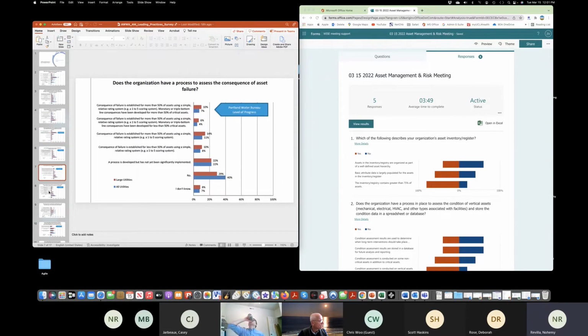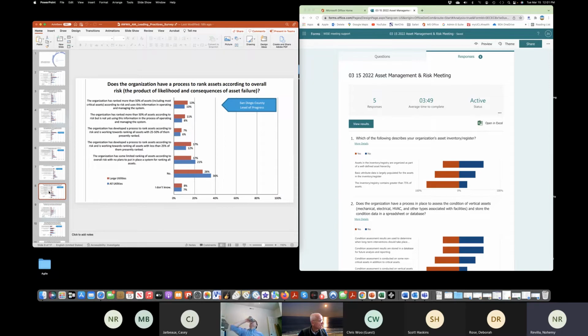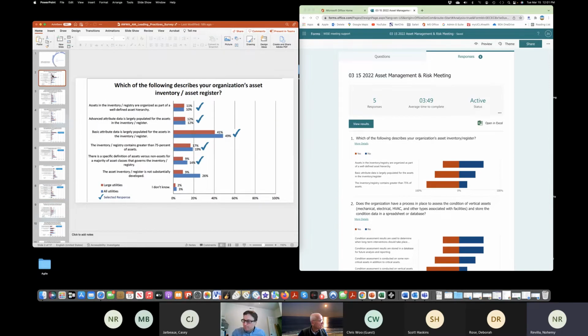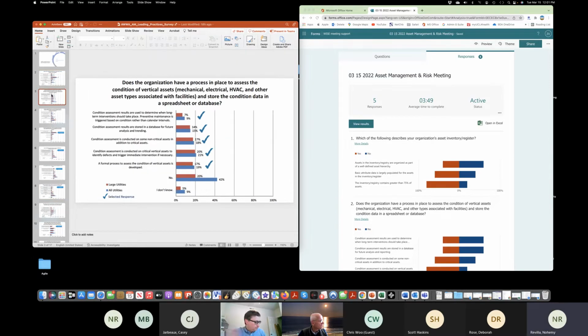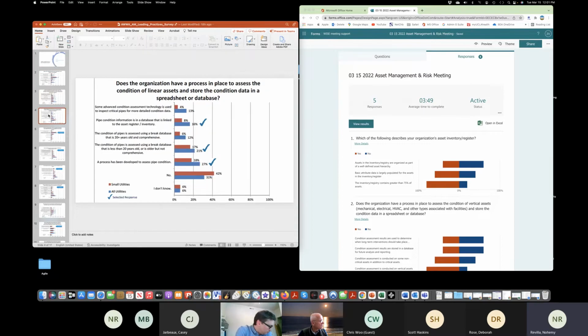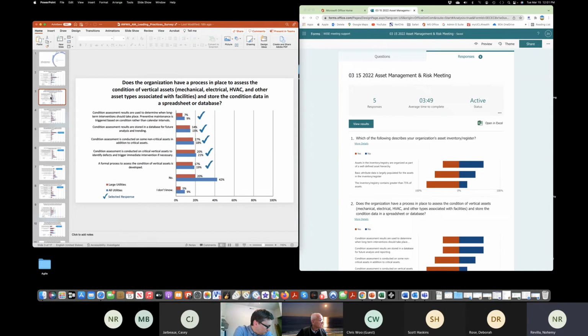The other thing is that we did some condition assessment probably more than 10 years ago. That data is in our CMMS, but it's old. We have some framework for how to do it, but we haven't done it, and we don't have a program to do it right now.